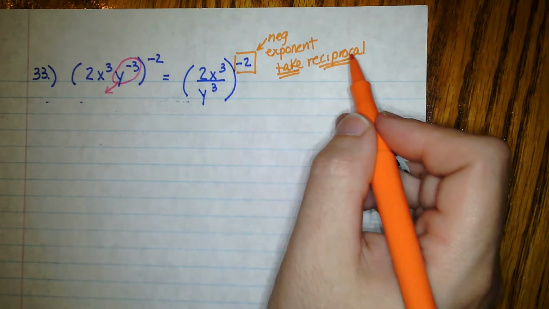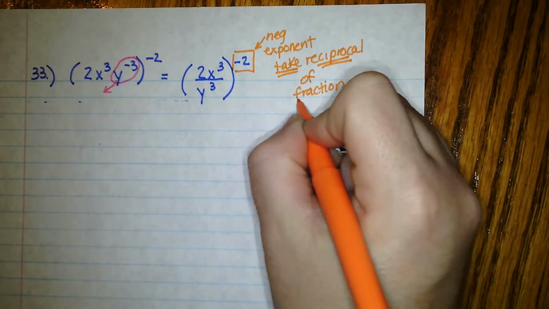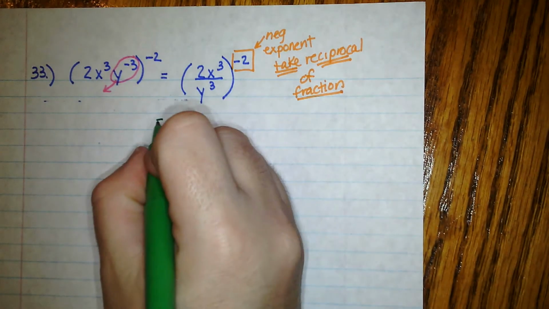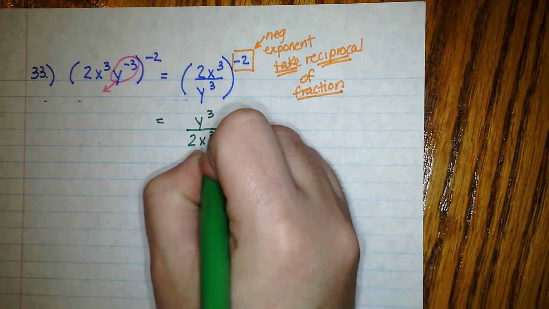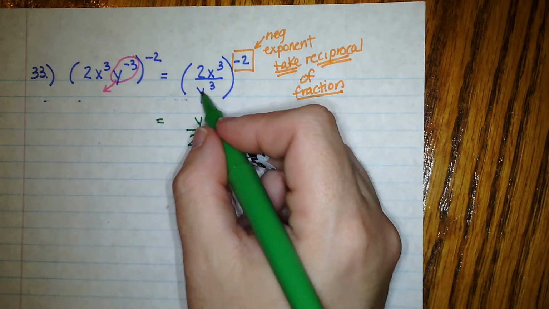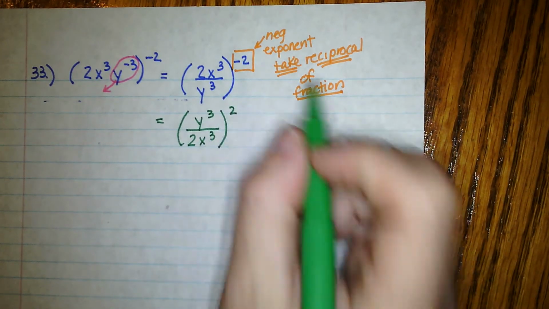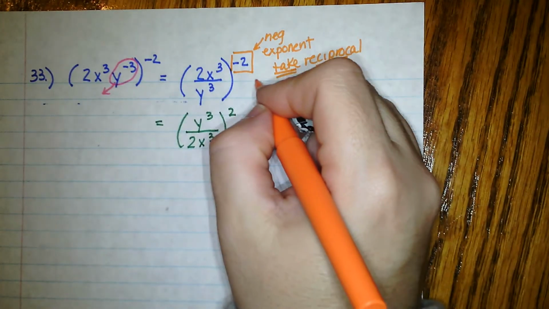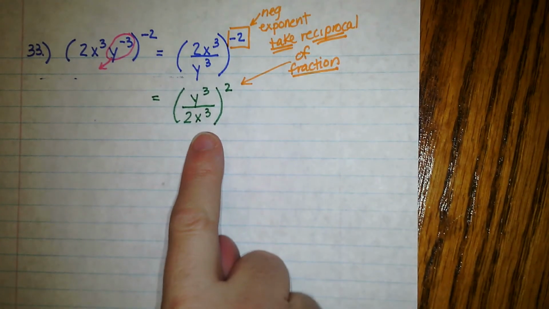You take the reciprocal of the fraction on the inside. So that's going to transform into y to the third over 2x to the third, because I'm flipping it. And then I'm going to raise this all to the positive 2. So that's what you do to get rid of a negative exponent on the outside of a fraction. You take the reciprocal of that fraction.